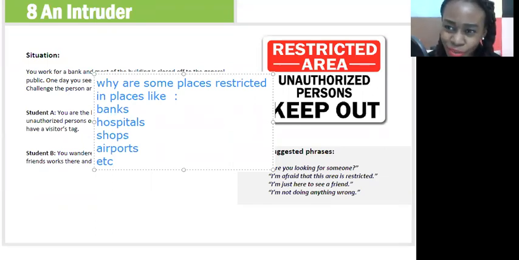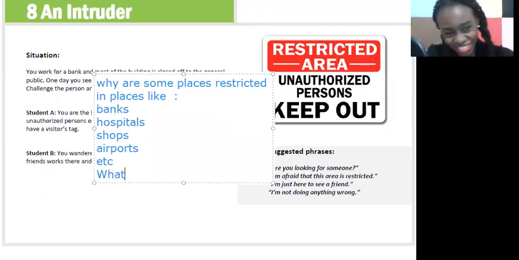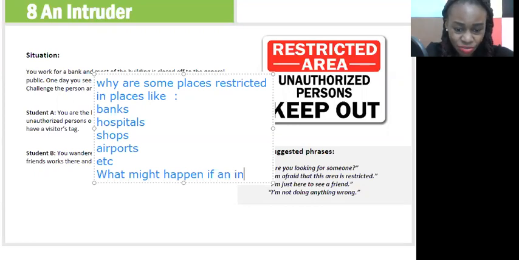Why is this very important? And what might happen? An extra question. What might happen if an intruder got into these places?